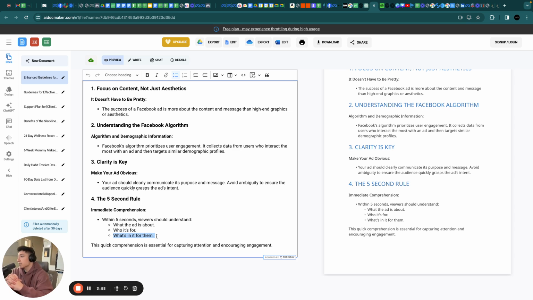You don't have to do interest-based targeting at all. As long as your ad is super obvious about what it's going to offer, Facebook will do a better job. For example, let's say you're a marketing agency for lawyers. Facebook will do a better job finding the lawyers demographically with a broad campaign, if your ad is obvious, than you will by trying to target them manually. So keep that in mind. Remember to always cater your creatives to the Facebook algorithm.